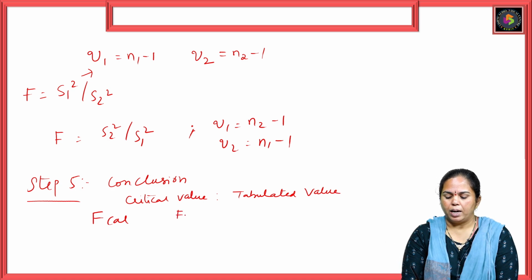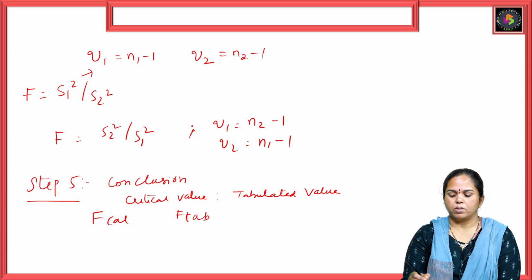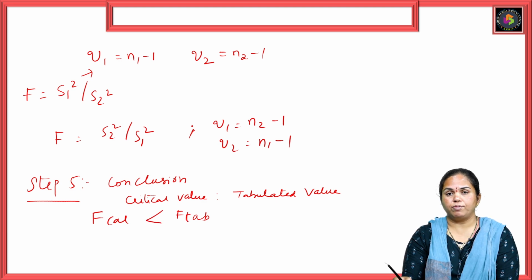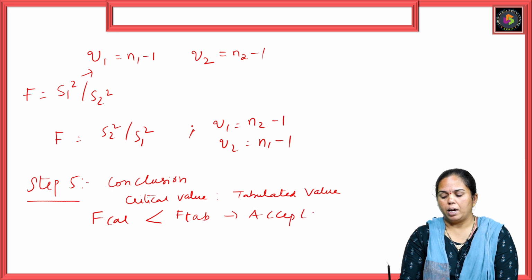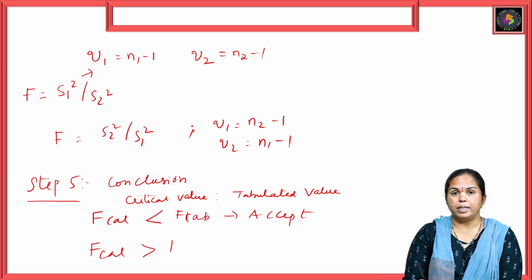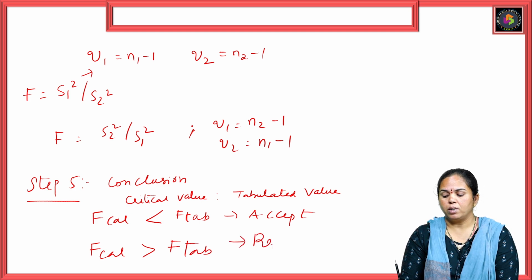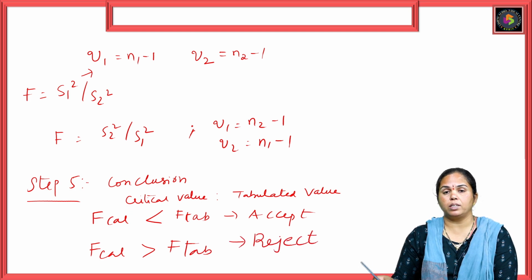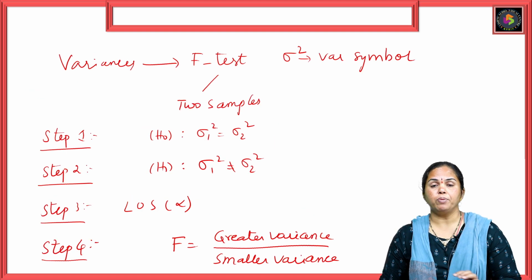F calculated and F tabulated. If F calculated is less than F tabulated, then we accept the null hypothesis, and if F calculated is greater than F tabulated, we reject the null hypothesis. Again, we'll discuss once we have a recall here.